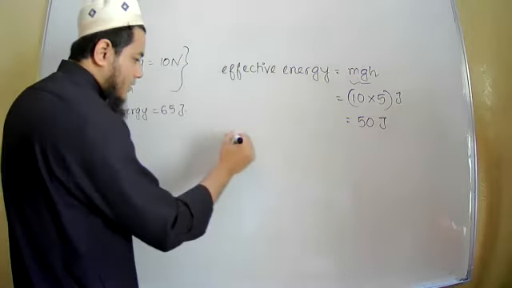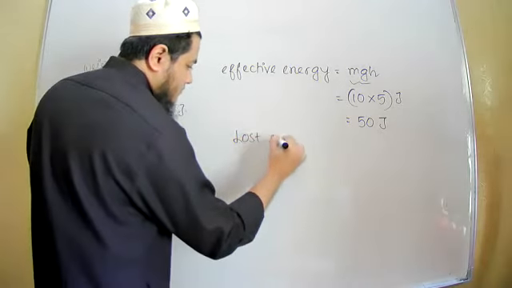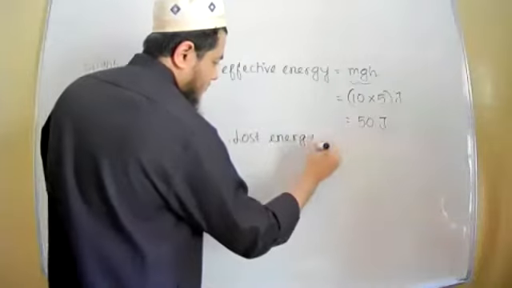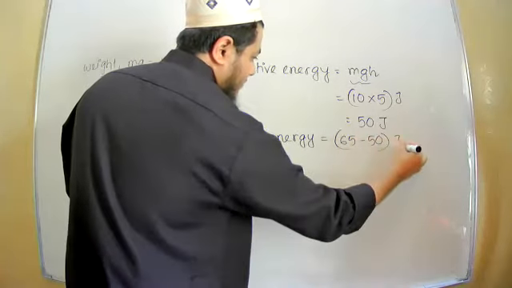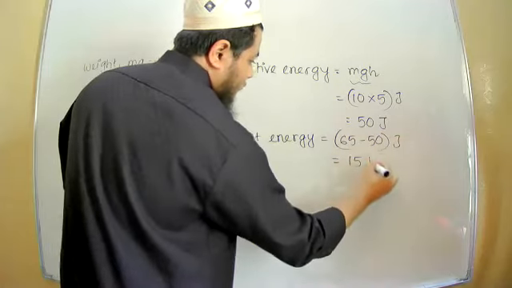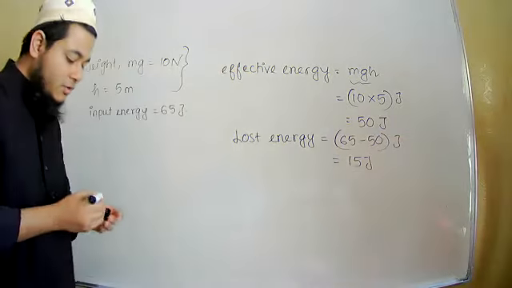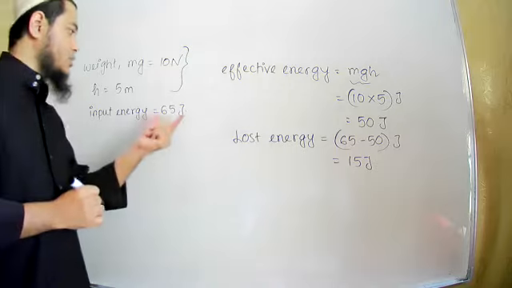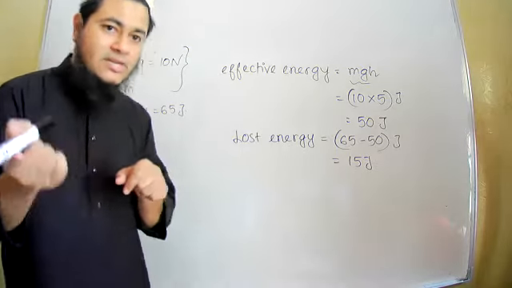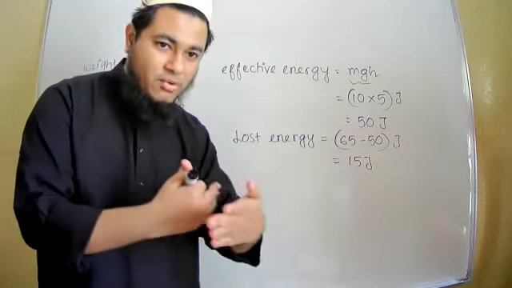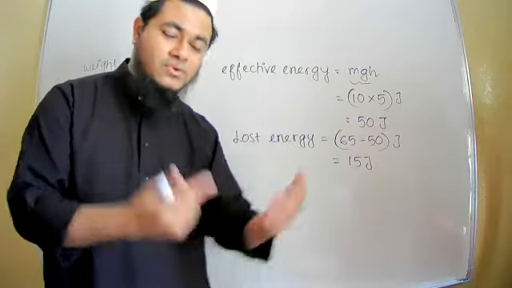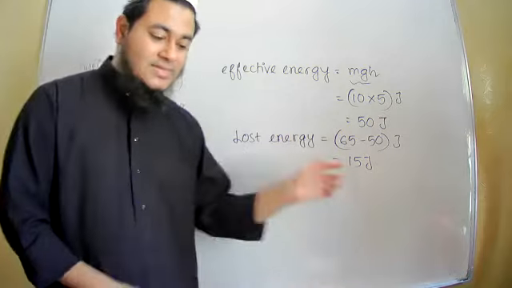So we can find out lost energy equal to 65 minus 50, equal to 15 joule. Does it sound logical? The machine took 65 joule from you, but he did not give back 65. He gave you 50. So there is a gap of 15 joule, that 15 joule he has actually lost. Is it clear?